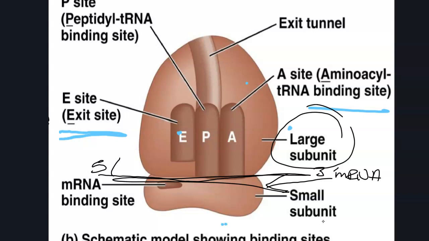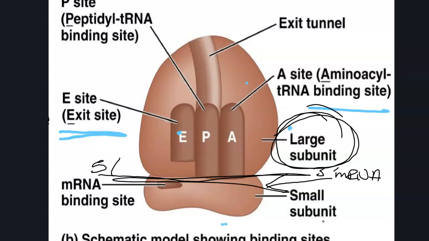So the first thing that comes in is the AUG methionine attached to the tRNA, right? That's FMET, formyl methionine. So once that comes in, then the large subunit sits in there. Okay? Now, the large subunit has 3 sites, the E and the P and A. E is the exit.